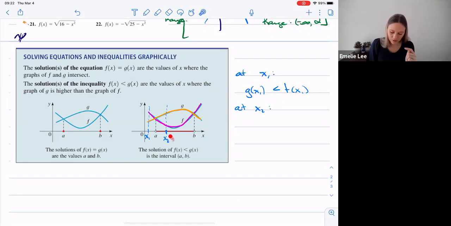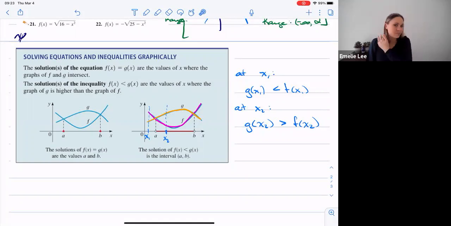Just putting in whatever input I'm naming this thing. Okay, so G of X2 is now larger than F of X2, right? Or if you want to write these the other way around, that's fine. But I just wanted to talk about F and G. And notice that it has the same behavior up until the next point of intersection, right?